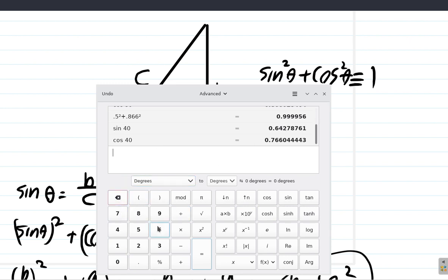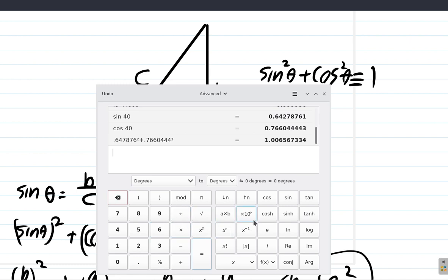Now, let's square the sine of 40, 0.642876, and that's squared. Plus, then we have 0.766044 squared. What do we get? 1. Right? Because of the rounding off, we don't see the exact one, but it's 1.00 and then 65 and so on.